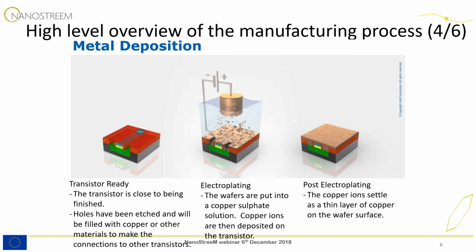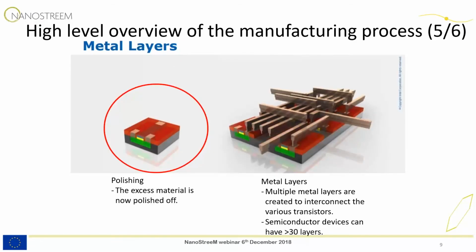Now, there's two distinct steps I want to talk to in the metal layers, but you'll see one of them is highlighted with a little circle around it. And really, this is just to illustrate for some of the semiconductor manufacturers, this is one step where they will actually utilize nanomaterials. And this is in an area called polishing.